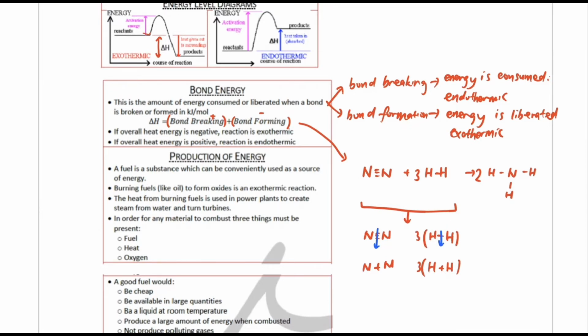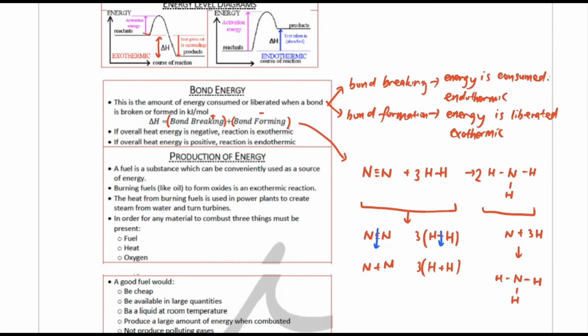Now you need to form chemical bonds so that ammonia is formed. So 1 of the N and 3 of the hydrogens need to form chemical bonds to be ammonia.